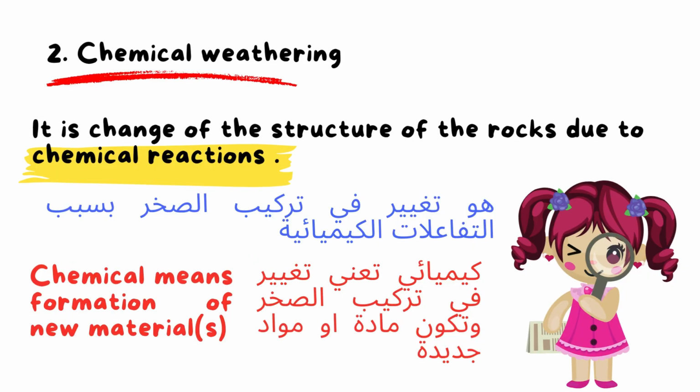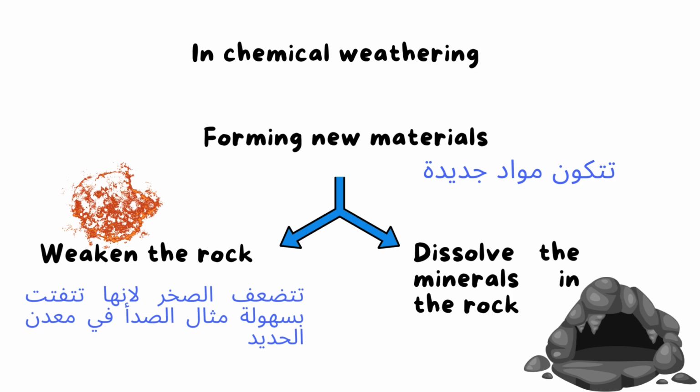So now we are talking about another type of weathering, which is chemical weathering. It is a change of the structure of the rocks due to chemical reaction, okay? In a chemical reaction, there is forming of new materials, and what do these new materials cause? They can weaken the rock, as with iron, a mineral in the rock.